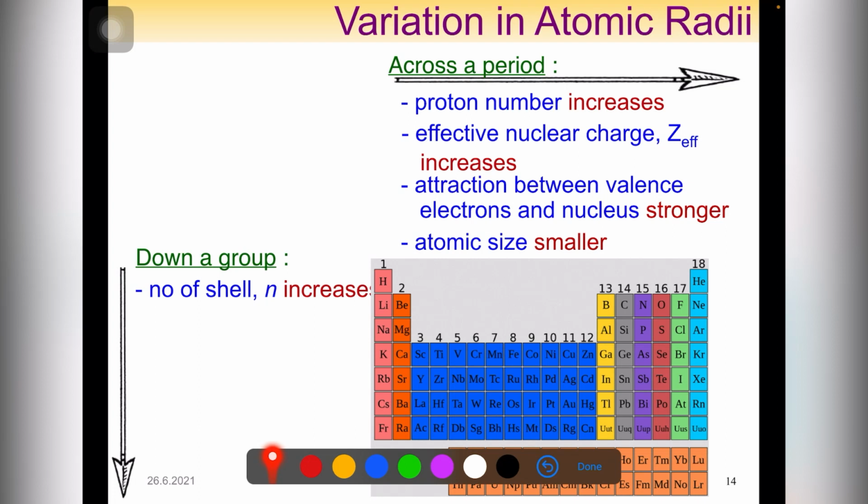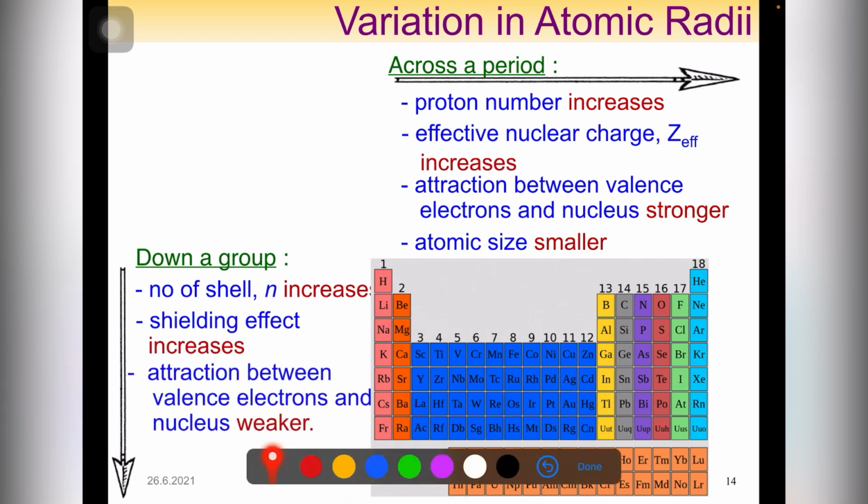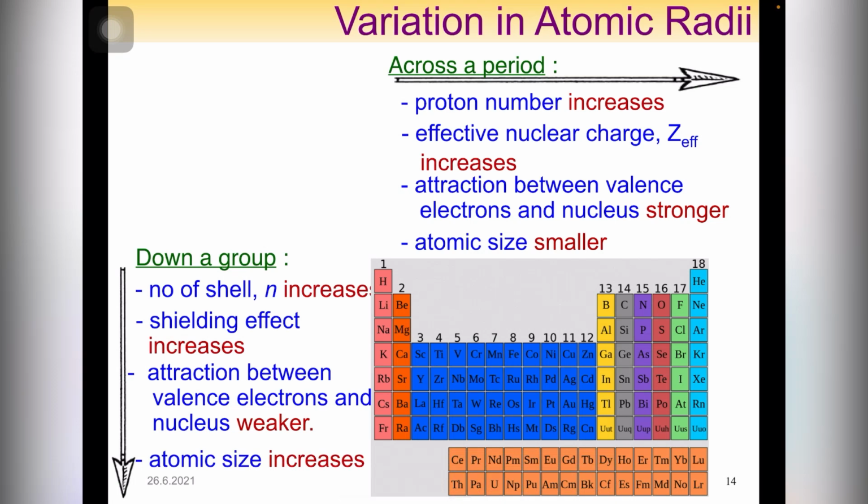It is the number of shells, where the inner shells have inner electrons. These inner electrons shield the outer or valence electron from feeling the attraction from the nucleus. So down a group, the number of shells increases and the shielding effect increases, or you can use the term screening effect. It causes the attraction between the valence electron and the nucleus to become weaker, because the inner electrons shield the outer or valence electron from feeling the attraction from the nucleus, and it causes the atomic size to increase. So this is a summary for the variations in atomic radii.